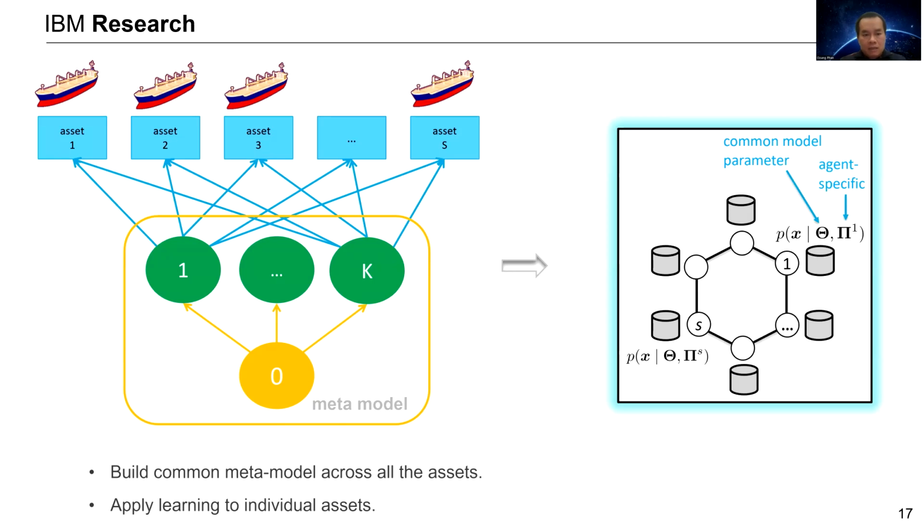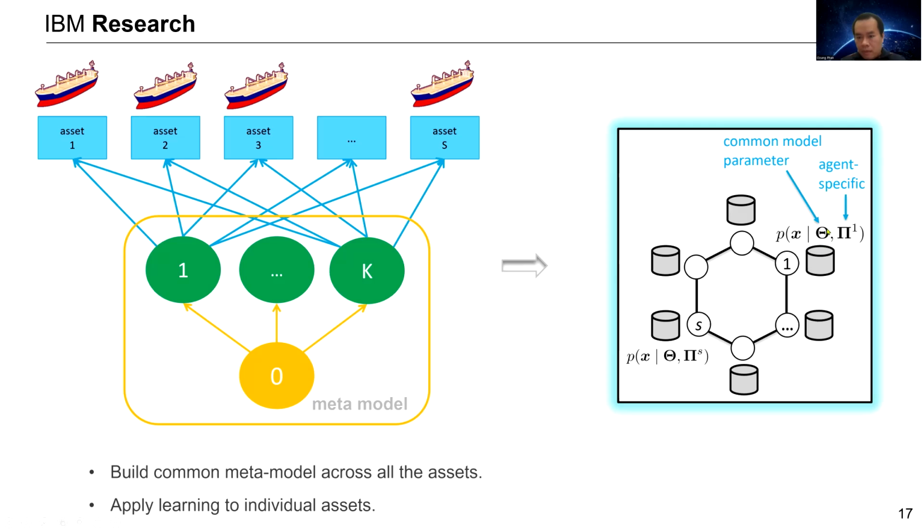So what are our solutions here? Our solution is again to use the graphical model as the building block, then build a common meta model across all the assets, and apply the learning to individual assets. The history data is used to build a common dictionary. The dictionary is the minimal number of submodels that can be used to learn the predictive model of all assets.